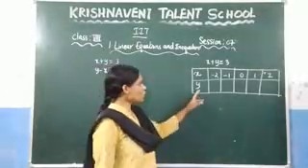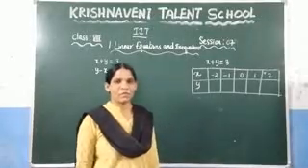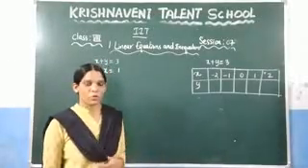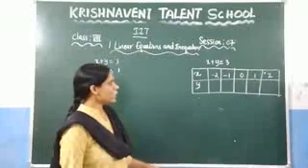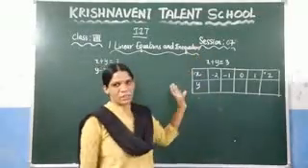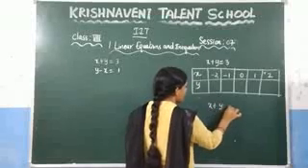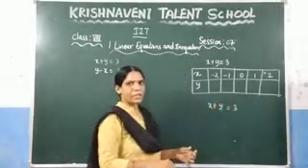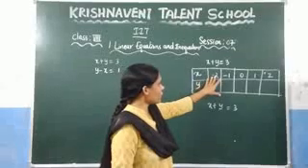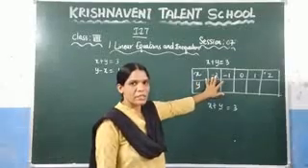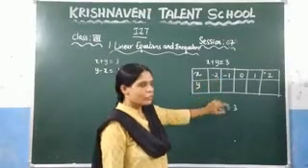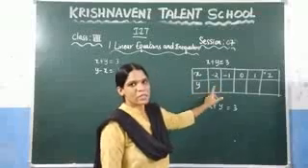Now you need to find the value of y, and for that you need to consider the equation x plus y is equal to 3. We have chosen the x value as minus 2. If x is equal to minus 2, what is the value of y?